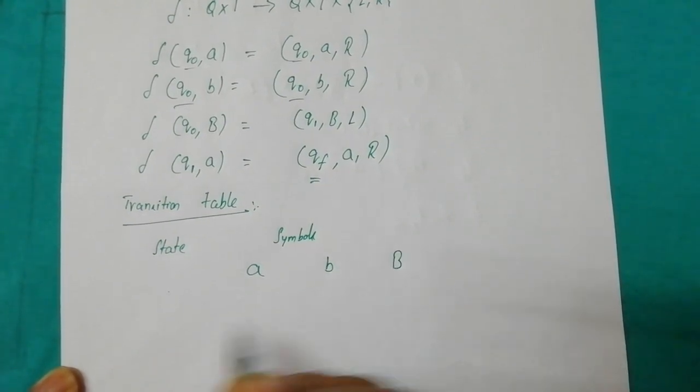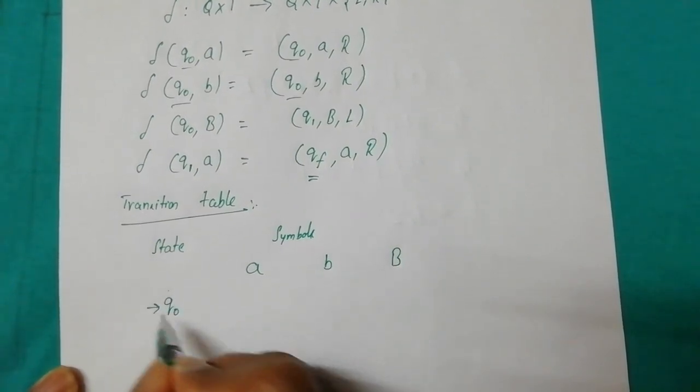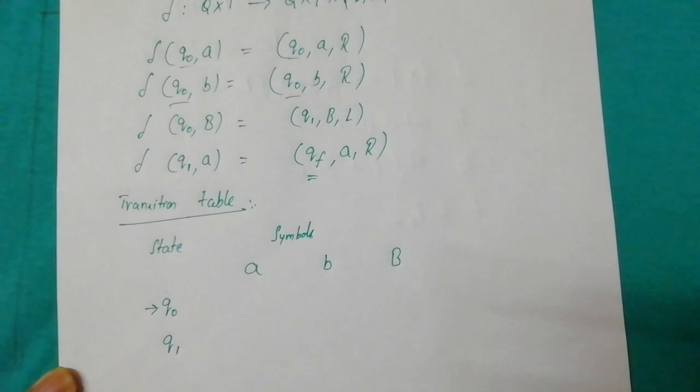And the states that we come across are Q0 is the initial state, Q1, and finally accepting state is QF.